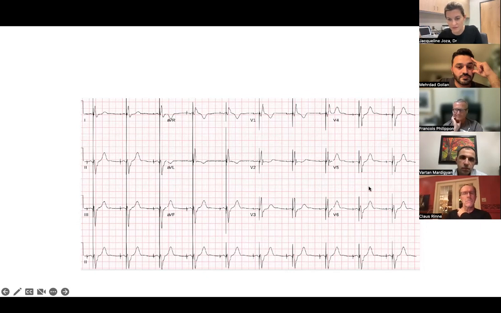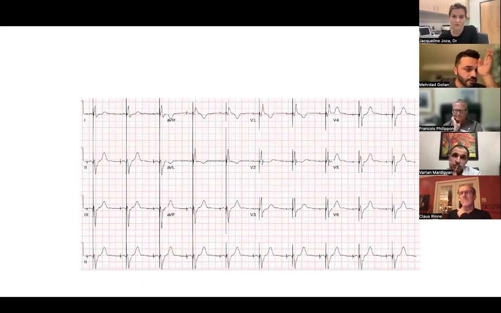There's a criteria which I have a few slides on a little bit later, looking at the R wave peak time or the LVAT in V6 and comparing it to V1. I'll show you in the next slides because it's really a nice look, and I think that's what you have right here. It's a perfect example. Less than 40 milliseconds or 30 milliseconds in V6, more than 40 in V1. Yeah.